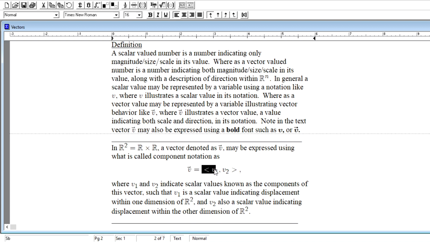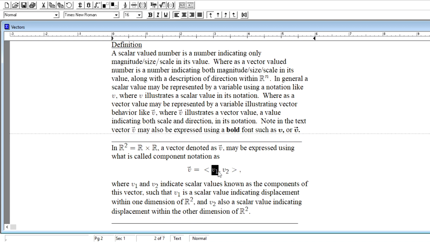This component notation places two scalar valued quantities between symbols that look like greater than and less than signs. Those are actually vector symbology used here in my notes. That will be common in a lot of texts, and I do think is common in our text. And the values of v1 and v2 are what we call scalar valued components of that vector.